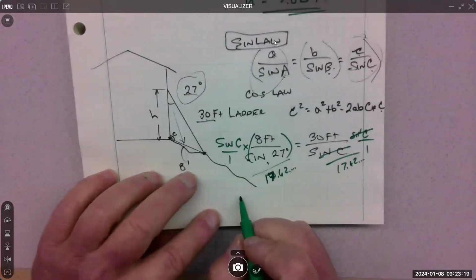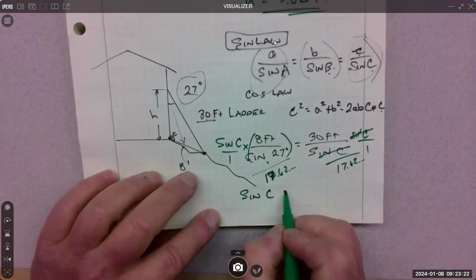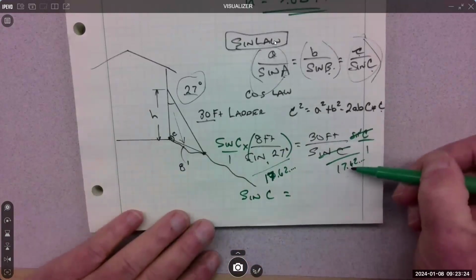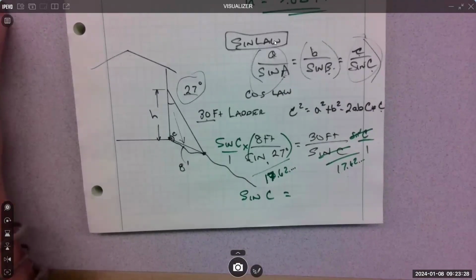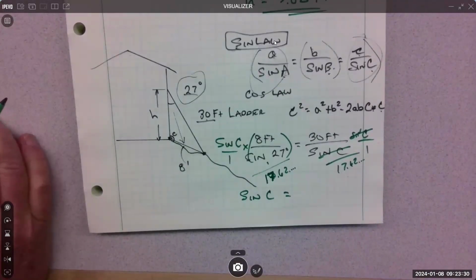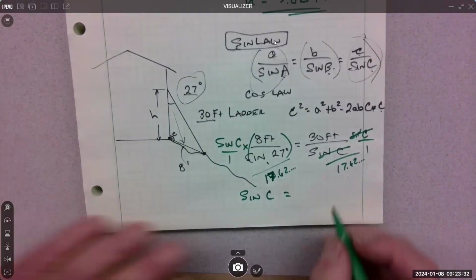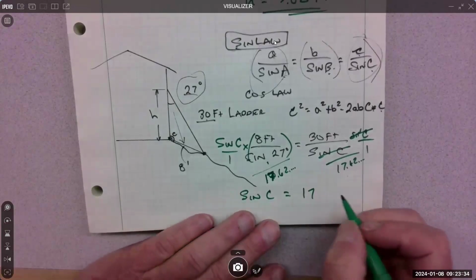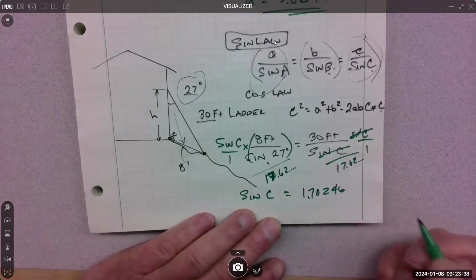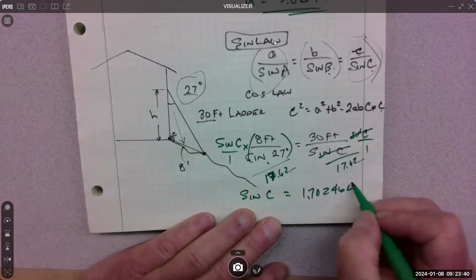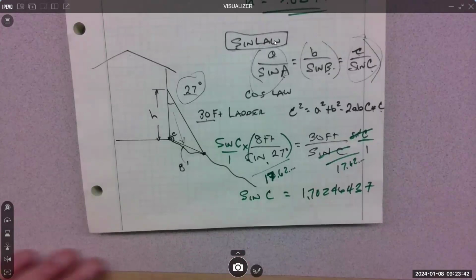So I'm gonna end up with sine C equals 30 feet divided by the 17 number. I get 1.7. Anyone else verify that? Okay, great.